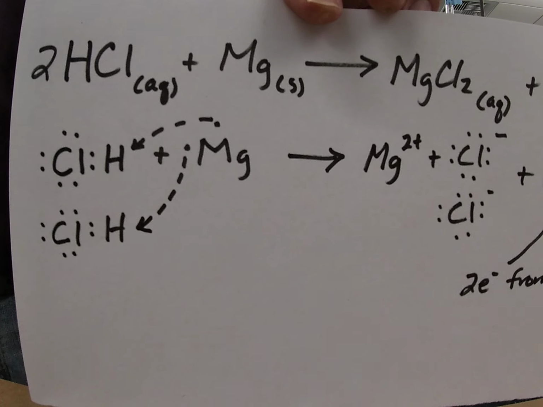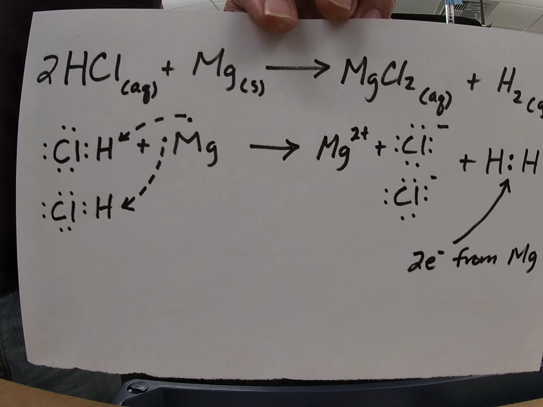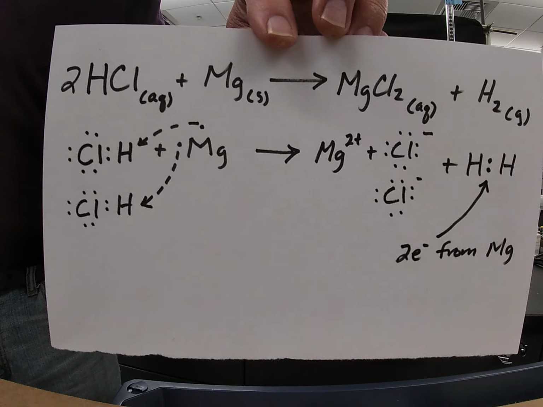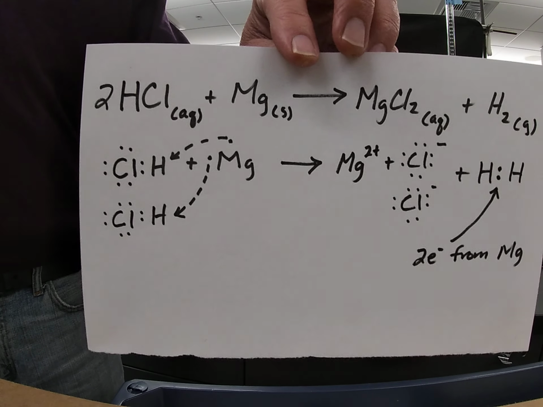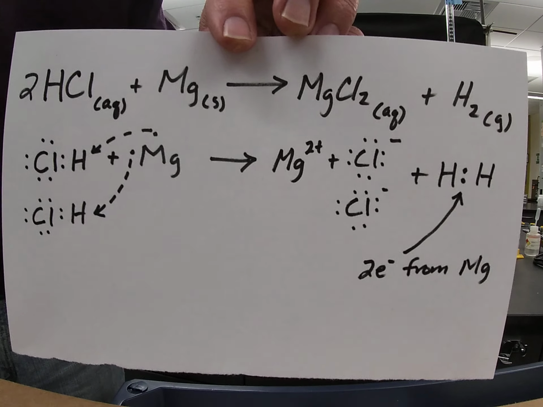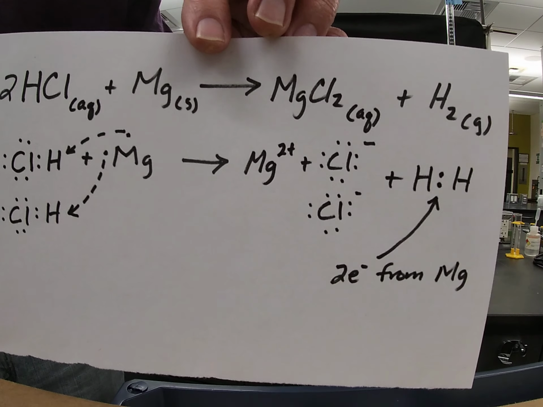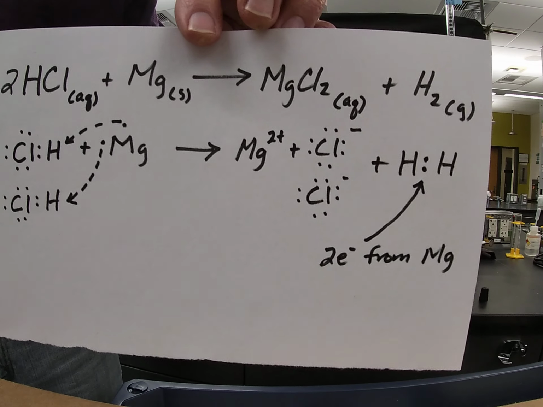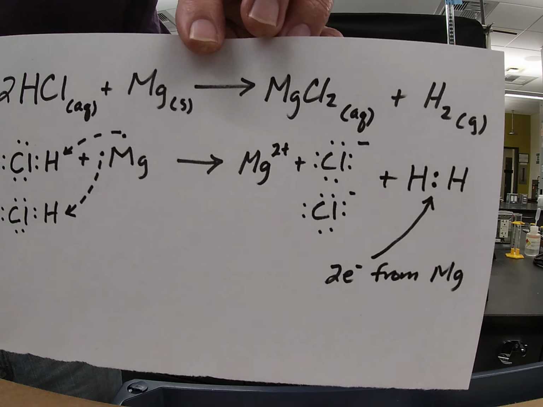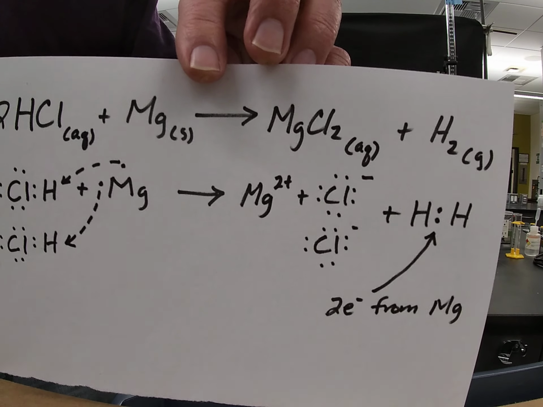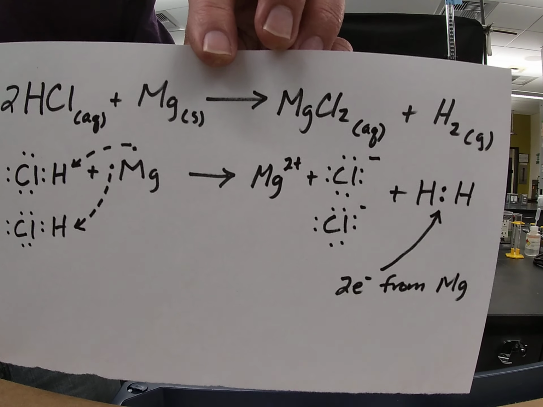And what happens when the two interact is that the two valence electrons on magnesium leave the magnesium atom. They attach themselves to the two hydrogen atoms that leave the HCl bond, and we're left then with the products, magnesium chloride in aqueous solution, the magnesium cation and the two chloride anions, and the hydrogen gas, which evolves as a result of the single covalent bond that forms between the two hydrogens, each with one of the electrons from the magnesium.